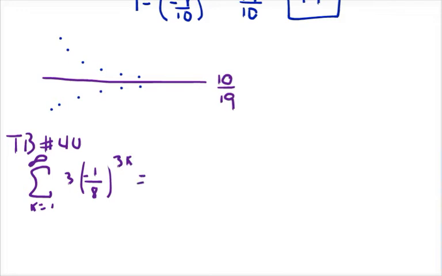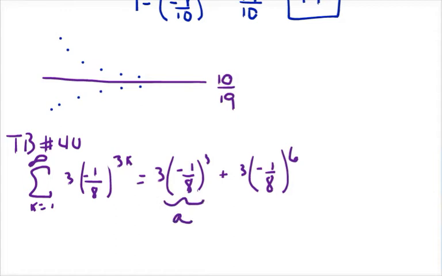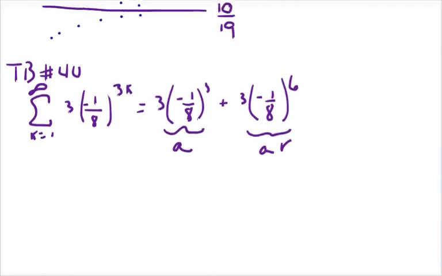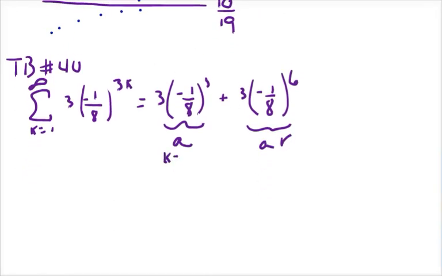So this written out becomes 3 times minus 1/8 to the third. That's your first term. And 3 times minus 1/8 to the 6th. That's your second term. Just recall that this is a and this is ar, for k equals 1 and k equals 2.